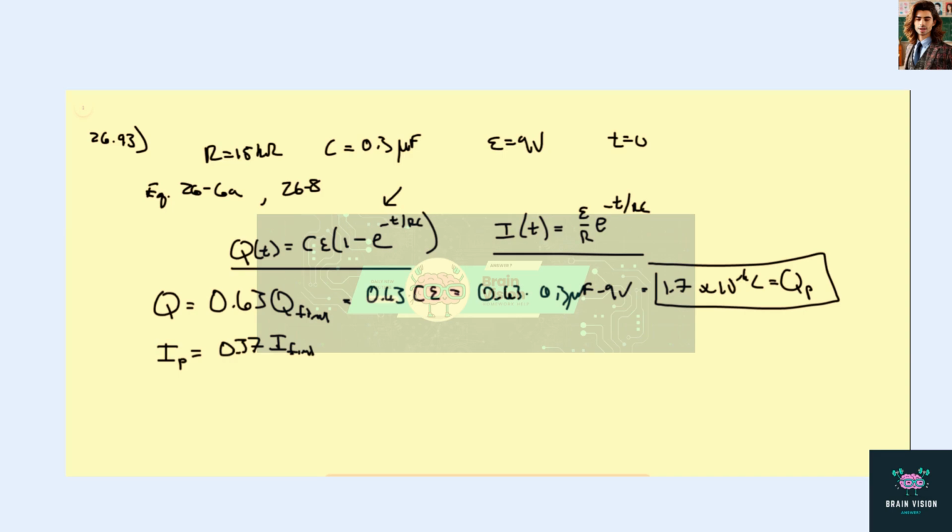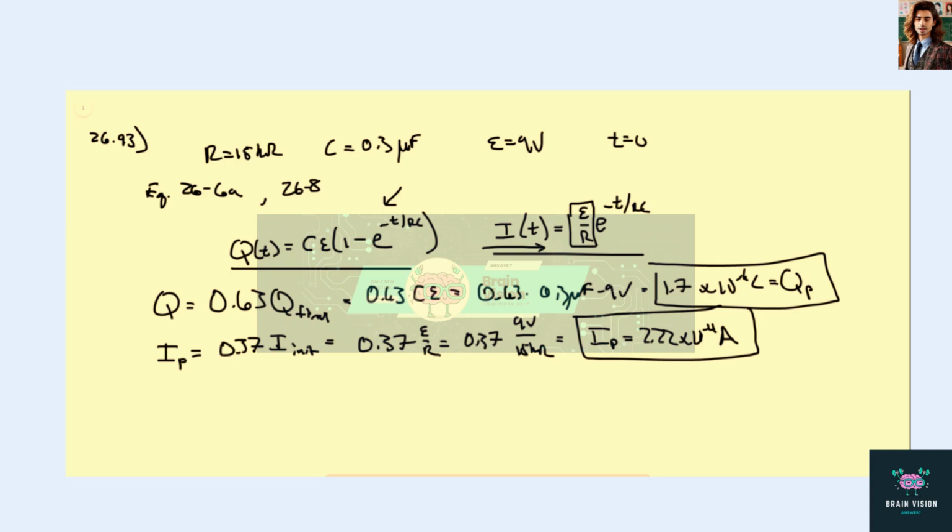Well, again, the initial current is given by looking at this at time equals 0, just epsilon over R. So this now becomes 0.37 epsilon over R, 0.37 times 9 volts over 15 kiloohms, and we get an IP of 2.22 times 10 to the negative 4 amps.